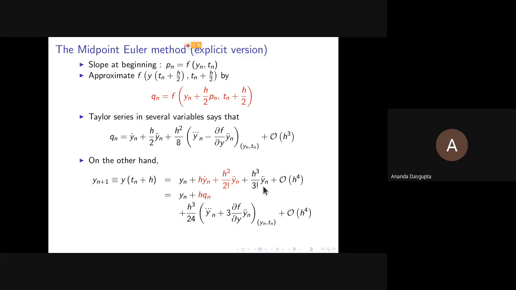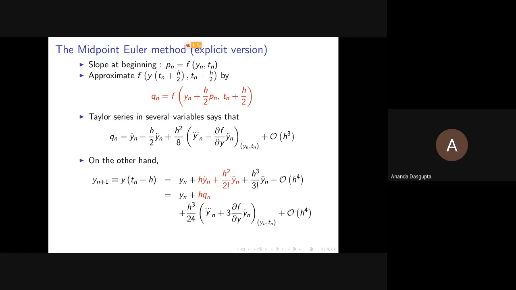So this is actually yn plus h Qn plus this extra piece. That this extra piece works out to be this is simple algebra. There's a 1 by 8 which you have and a 1 by 6 which you really wanted. The difference gives you 1 by 24. That's sort of easy to figure out.